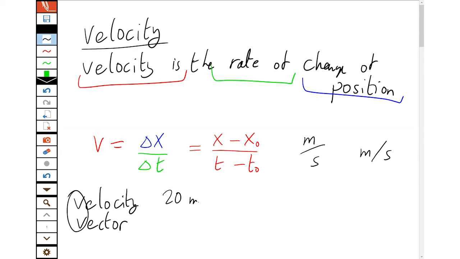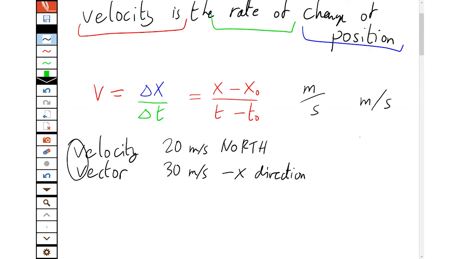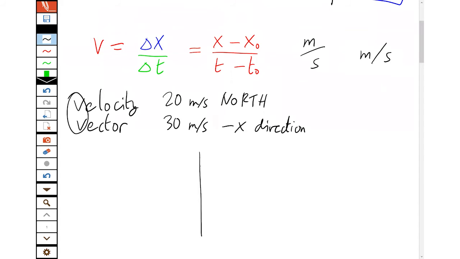So we might have 20 meters per second north, or we might have 30 meters per second in the minus x direction. The x and y axes give us directions a lot. Usually, plus y is up, minus y is down, plus x is to the right, minus x is to the left. And we draw that to avoid any mistakes.